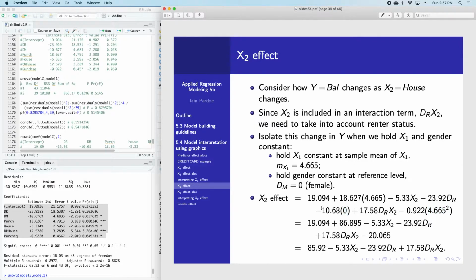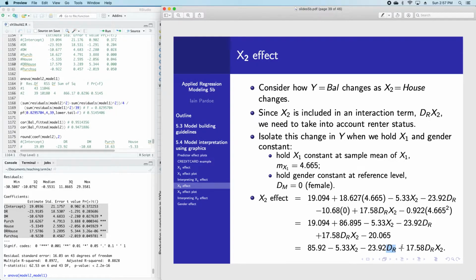Okay, and then I'll do the math, and then I'll gather like terms. So for example, if I take these two numbers and subtract this one, I'm going to get this. And then I've still got minus 5.33 x2, and I've got minus 23.92 times dr, and I've got 17.58 times dr times x2. Notice I didn't plug in dr equals 0.